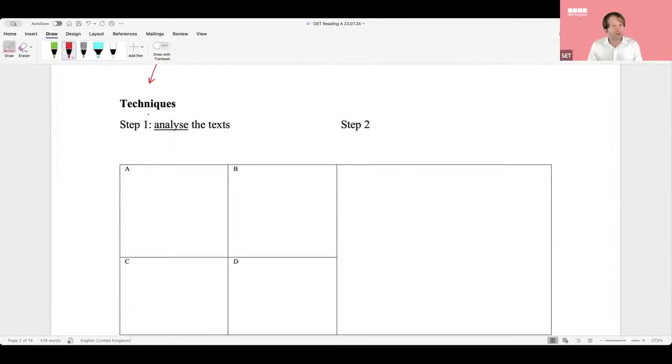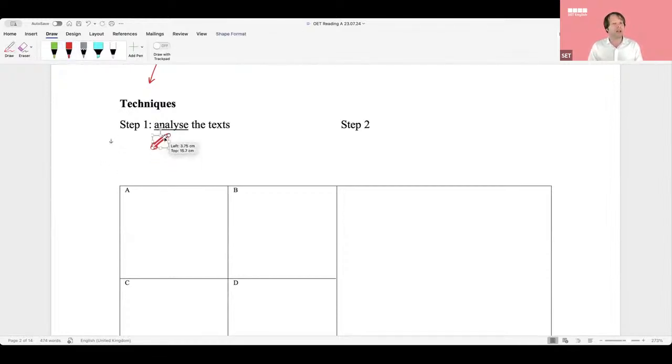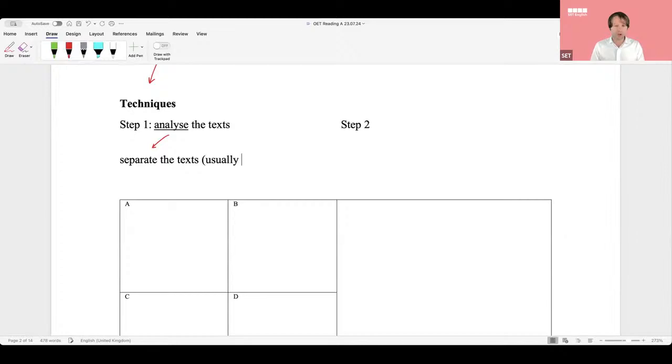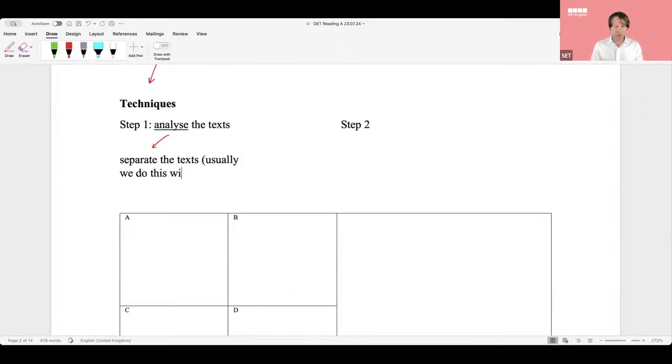Yeah, you've got to differentiate them. Okay, differentiate the texts. What does that mean, guys? Differentiate. Anyone? Categorize them. Okay. Separate the texts. And usually we do this with main idea.